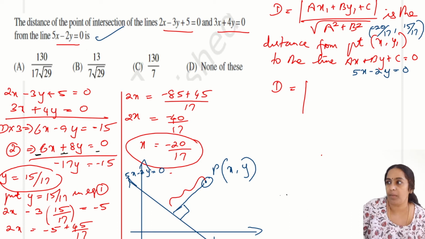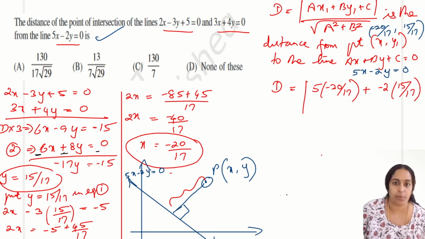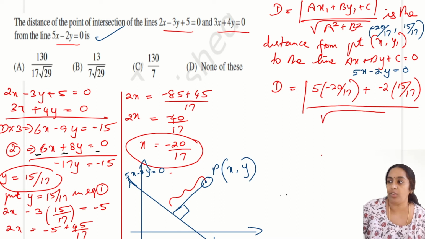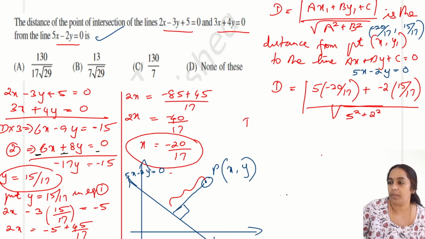So let me put the values. ax1 is 5 multiplied with minus 20 by 17, plus b is minus 2 multiplied with 15 by 17, inside the mod, and c is 0, divided by square root of a square plus b square, which is 5 square plus 2 square. So what is my distance now?